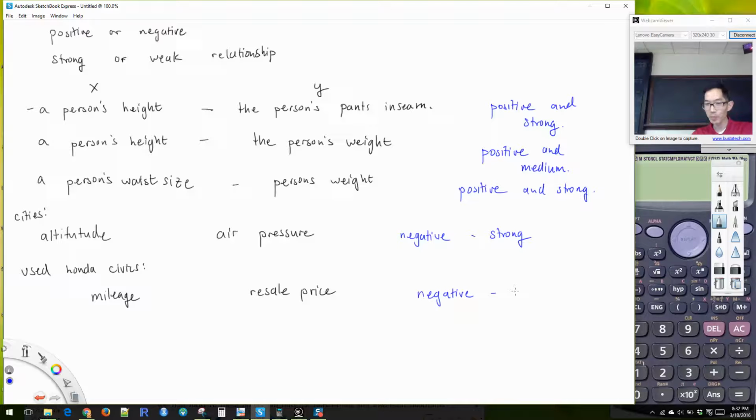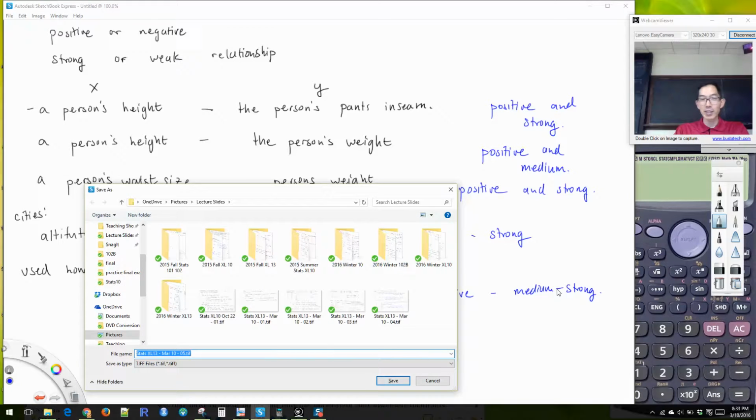Negative, yeah, probably strong or medium to strong, I would say. It depends, right? Because there's a lot of other factors that go into determining the sale price. The mileage is probably the biggest one, but there's a lot of other things. Well, probably the biggest one will be like exterior damage, but things like that. Okay, so anyway, we get the general sense here.